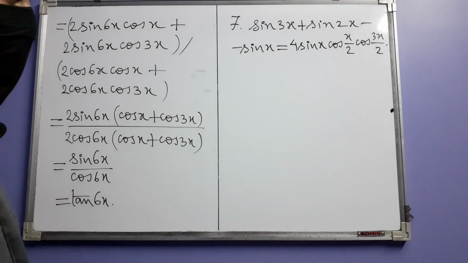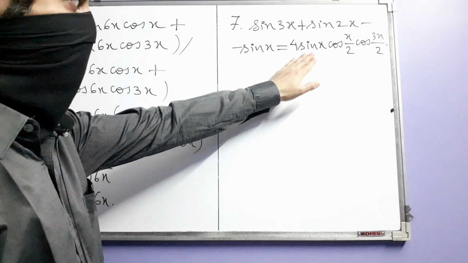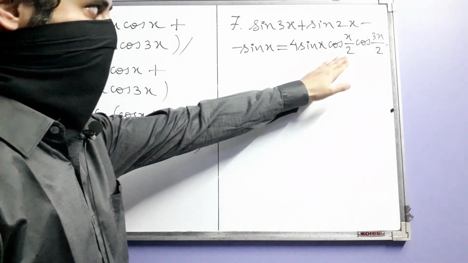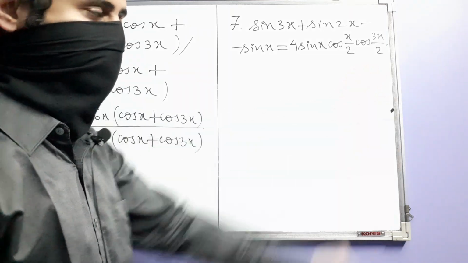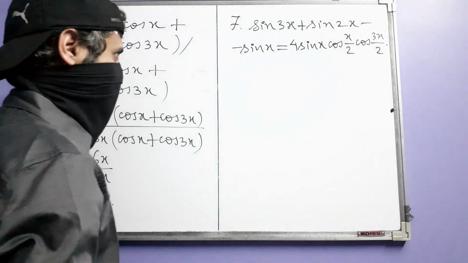Okay, that's somewhat asymmetric. You have sin x here, but the other two terms are cos. Okay, we will see.